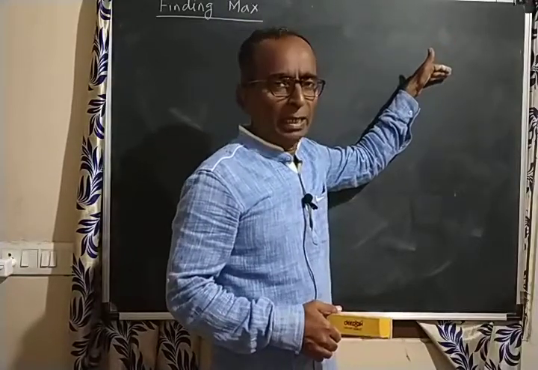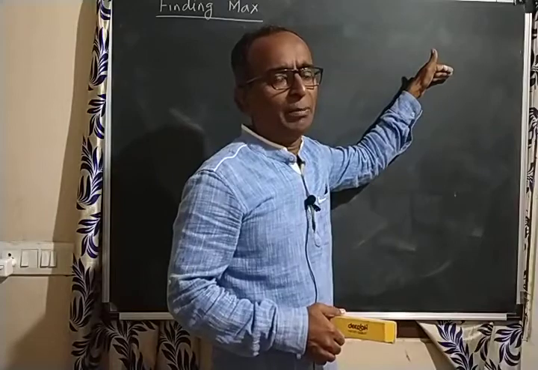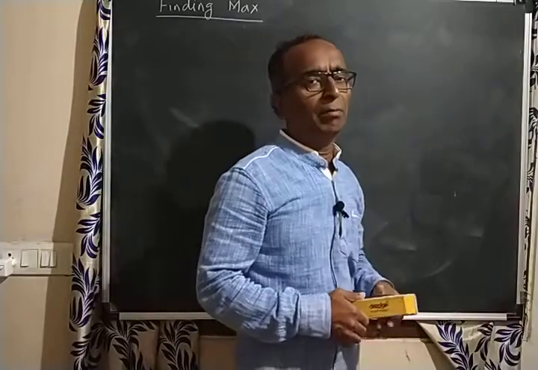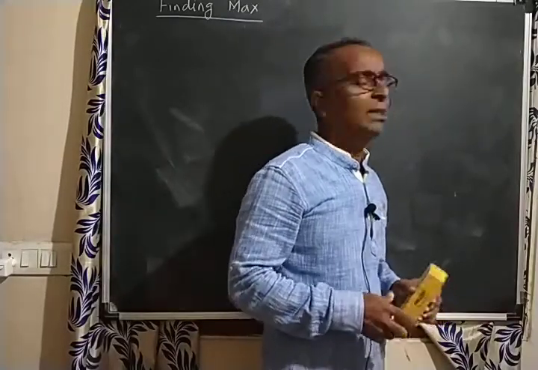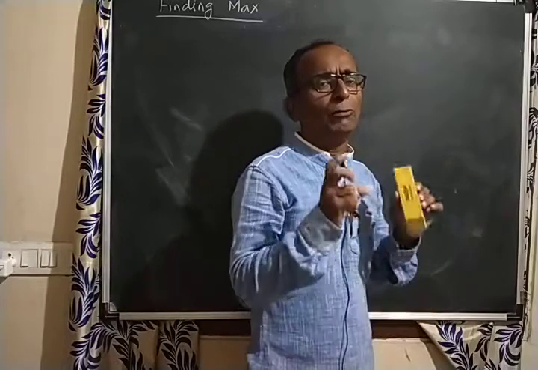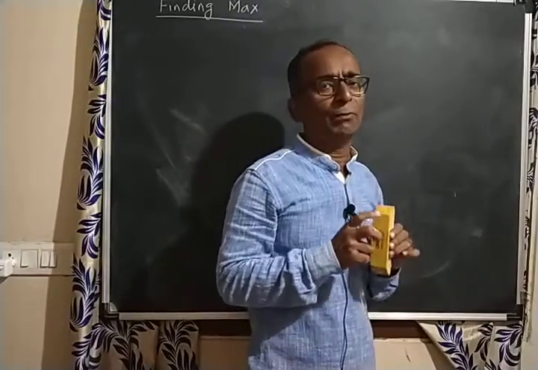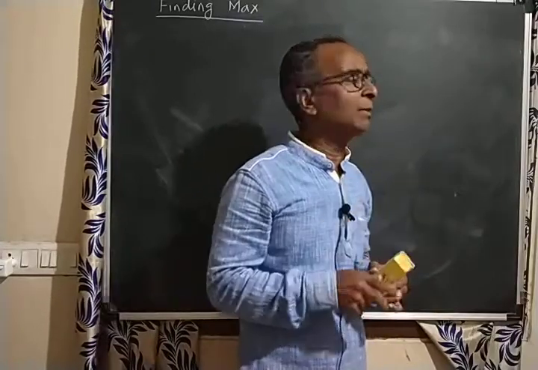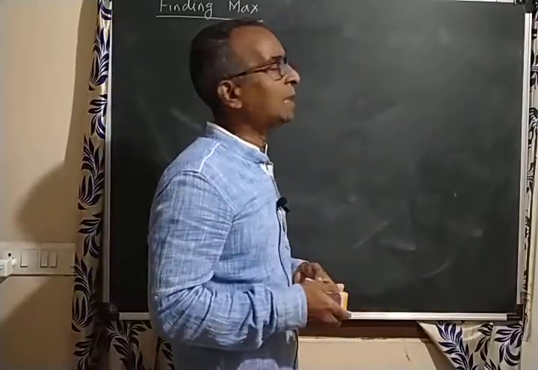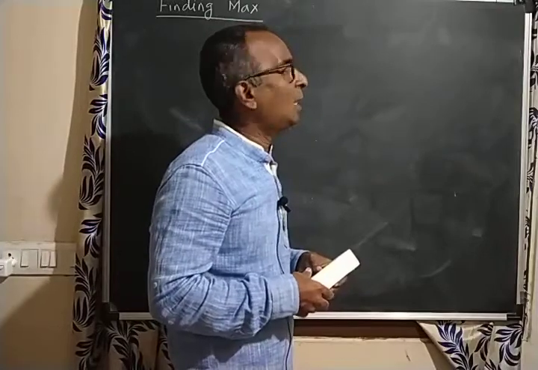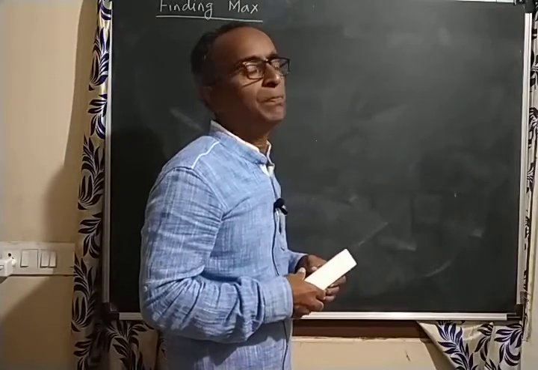You are populating array, means you are setting array elements. We are getting the maximum. So here I want to write a function for get max, getting maximum from the given list. Only one function I want to write, that is get max. How I can write this program?